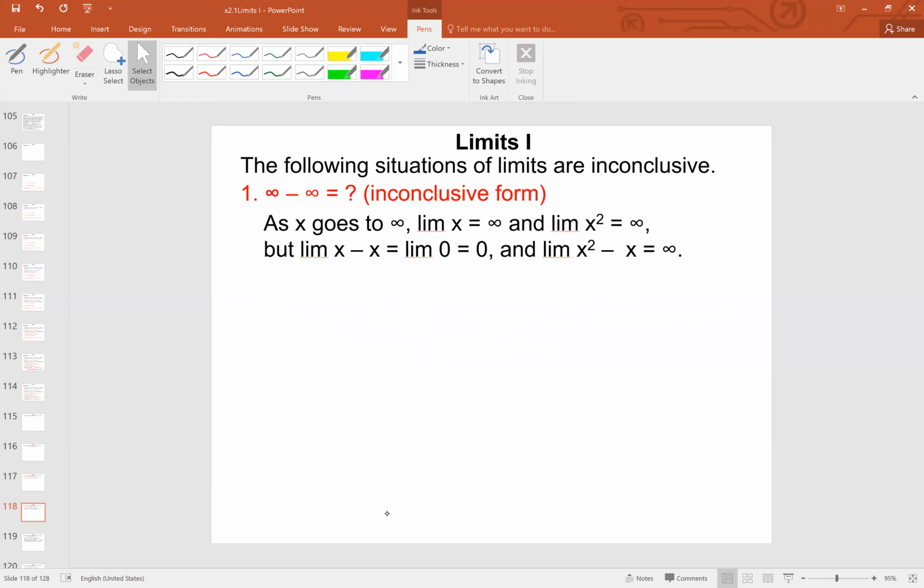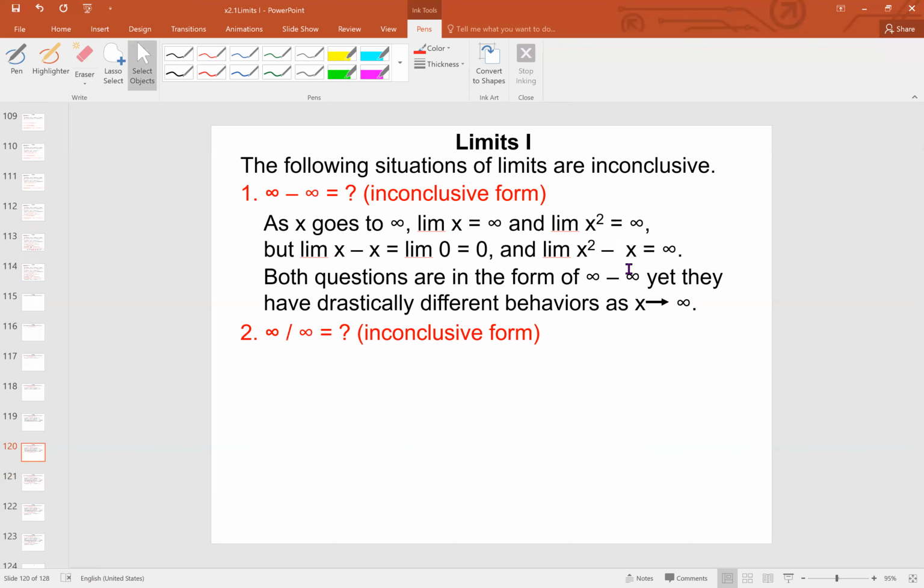But if I subtract x squared minus x, it's infinity minus infinity, and in this case x squared is bigger than x, so it goes to infinity. In other words, just knowing this and that, I don't know the behavior of subtracting them. So this is inconclusive. Meaning if I plug it in, there is more work to do when we get into this form.